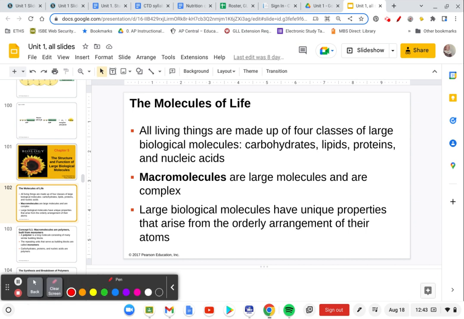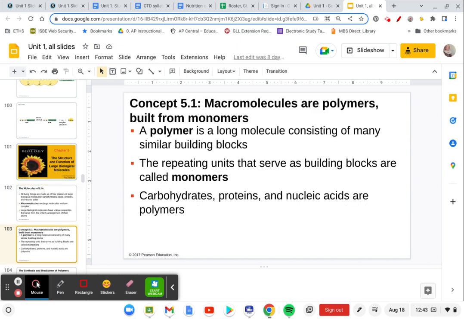The ones that we really care about are carbohydrates, lipids, proteins, and nucleic acids. We're going to talk about these extensively throughout the course, so understanding these molecules up front is going to be huge towards being able to do well in the course.